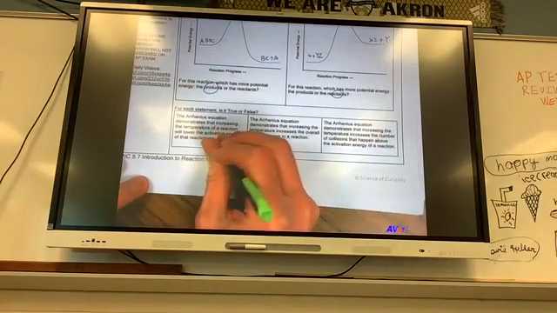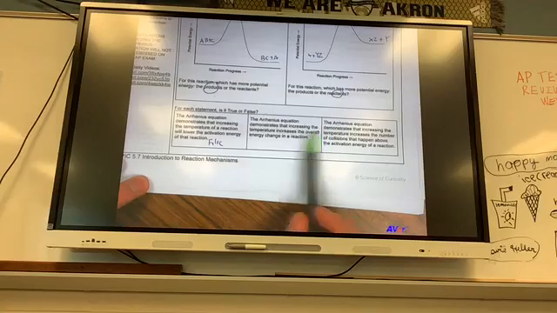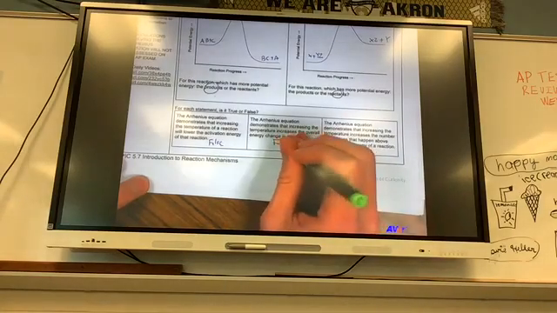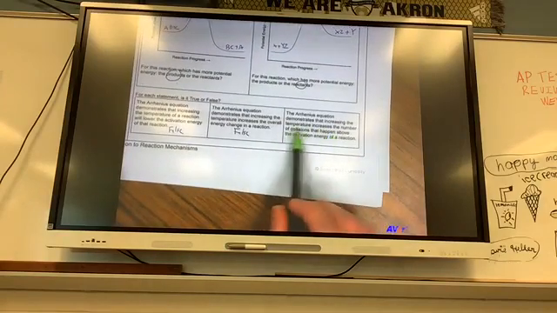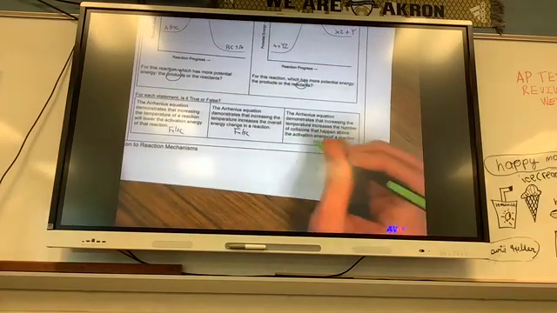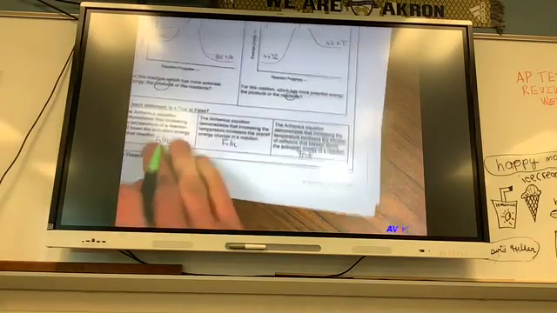False, has nothing to do with activation energy. The Arrhenius equation demonstrates that increasing the temperature increases the overall energy change in a reaction. False. The Arrhenius equation demonstrates that increasing the temperature increases the number of collisions. True. So don't overthink that about what temperature actually does.